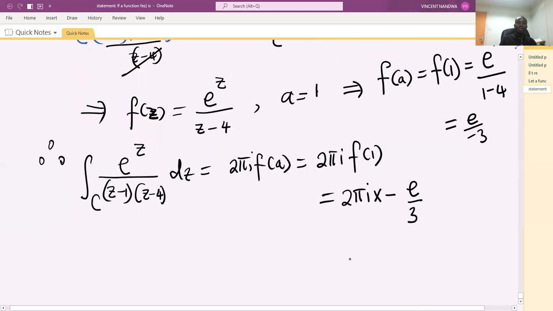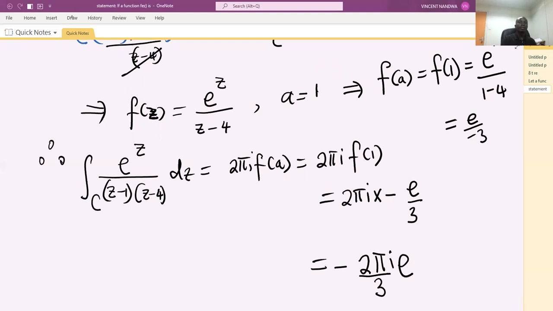Which will give me minus 2 pi i over 3 times e. So that is the solution for that given problem.